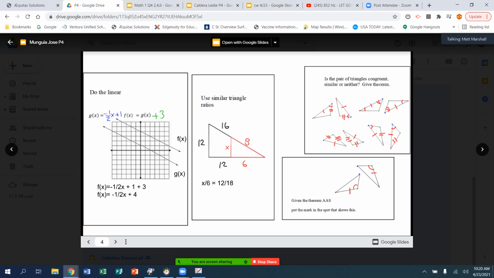The way I have this set up, that G of X line, is that the pre-image or the image? You sure? Yeah, because remember yesterday, I had f of x listed first, made it the pre-image, and you plugged it into g of x. But today, because you're smart, I flipped it around. I made the g of x one be the one you're plugging in. The g of x one is the starting one, the pre-image, and then the f of x one is the image. Does that kind of make sense, Jose? All right, I know you can. I know you understand that, Jose.